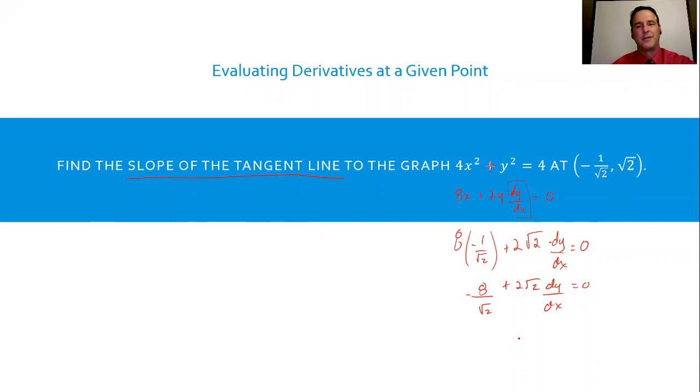And we have to solve, okay? So I will add this negative 8 over rad 2 to both sides. Okay, and then you'll divide by this 2 rad 2.